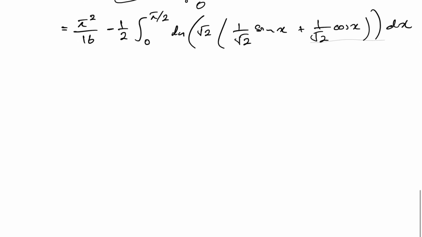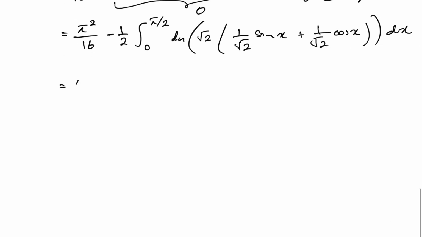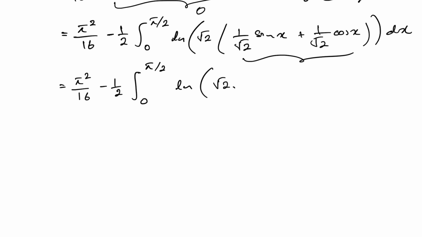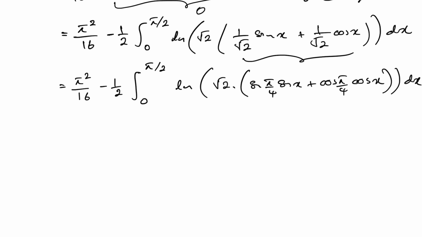Okay, let's simplify. Now here pi squared over 16 minus 1 half integral from 0 to pi over 2 natural log of square root of 2 times, now this part we can write sine of pi over 4 sine of x plus cosine of pi over 4 cosine of x, here dx.